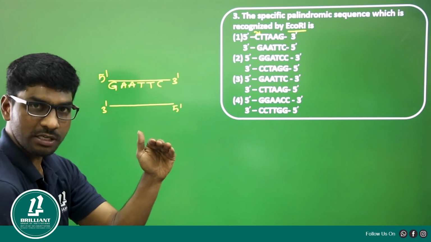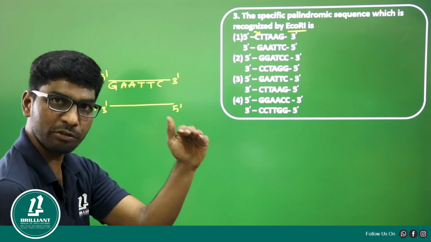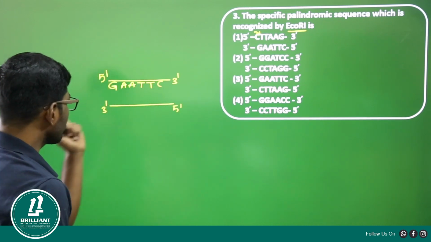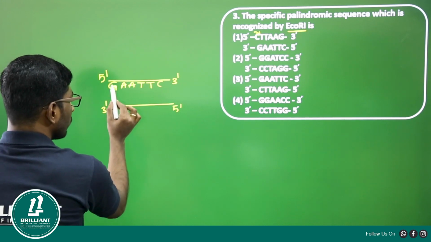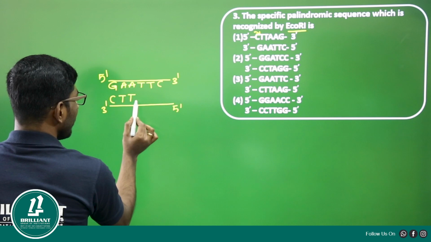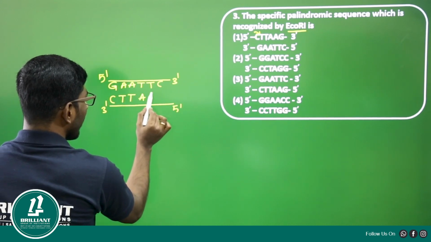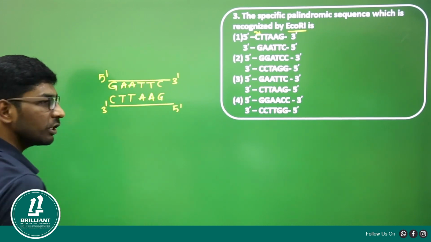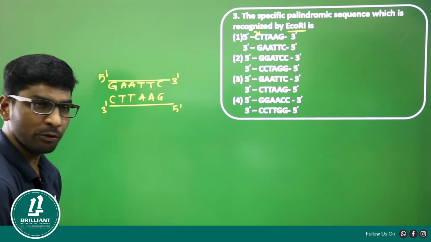GAATTC is the first strand of DNA, 5' to 3', the coding strand. Next, the template strand. Look at here. What is the complementary? C, T, T, A, A, G. Yes, we know this base pair rule.